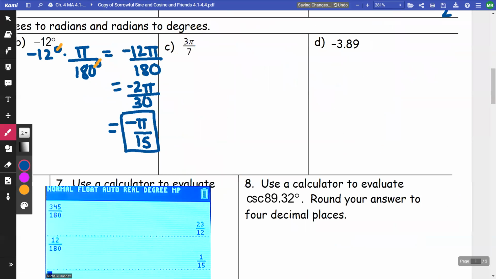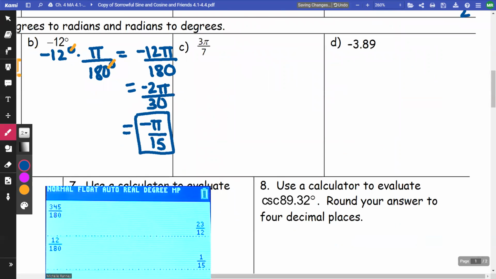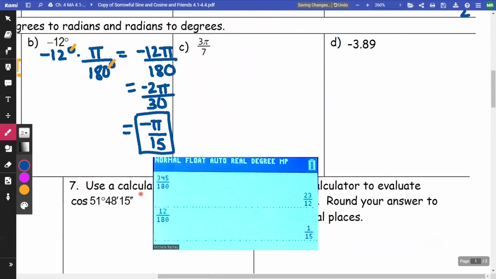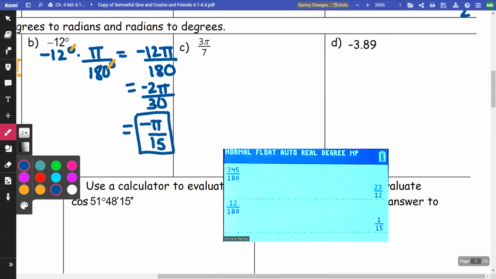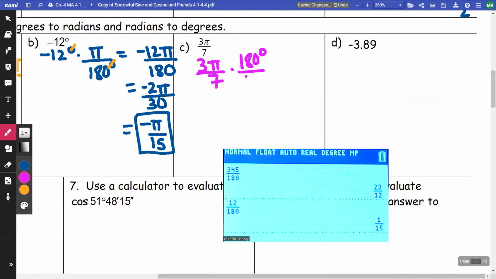On C and D, these are both in radians, and I'm going to change to degrees. So I'm going to take 3 pi sevenths and times it by 180 degrees over pi. So this pi and pi are going to cancel out. I am going to have 3 times 180, which is 540.